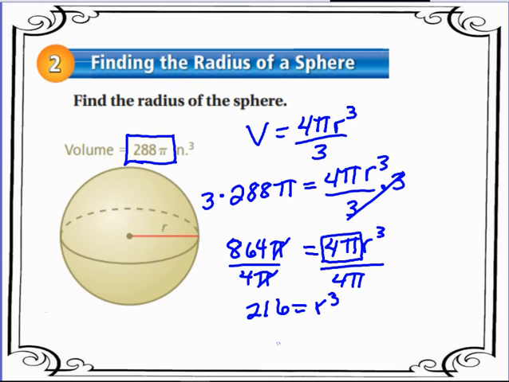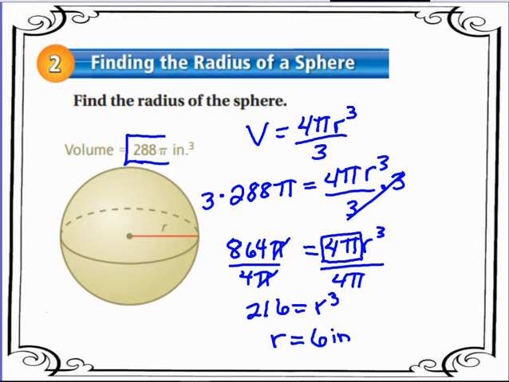No, that won't work. 4 times 4 times 4, and keep going until you find out which one is the cube. Or you can just use your calculator and find out that r is 6. So 6 inches. Because we started out with our equation up here, you see it says inches. So inches cubed, so our answer would be in inches.